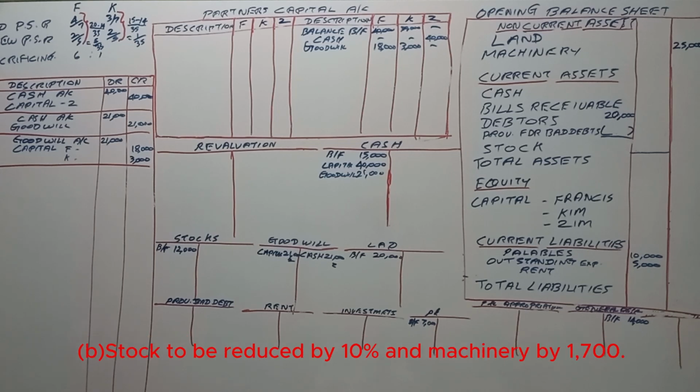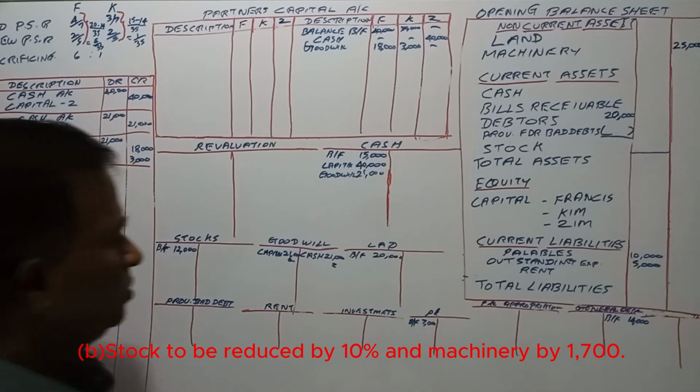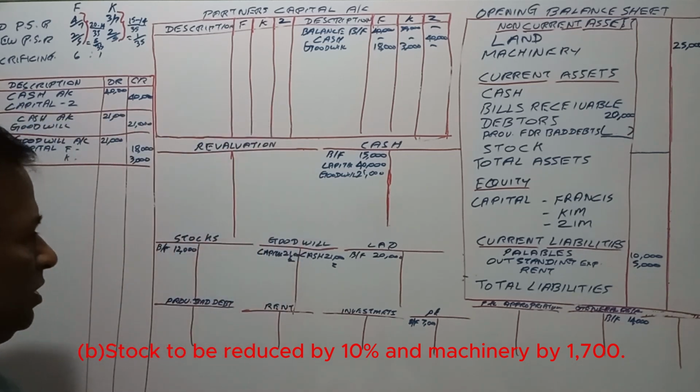Second, the stock is to be reduced by 10%. Stocks to be reduced by 10%.